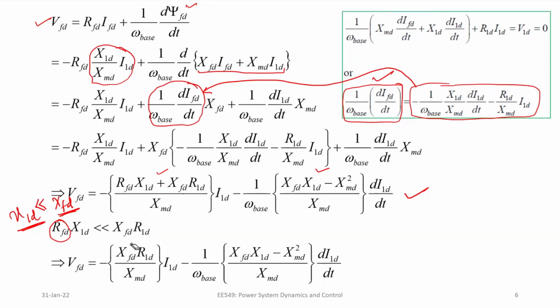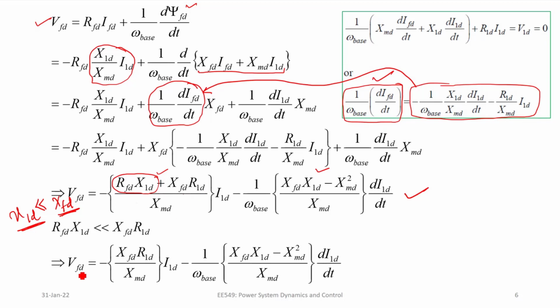So therefore, what we'll assume here is that this is less. So your RFD X1D plus XFD R1D can be written as XFD R1D. So this term I can neglect because this is very less as compared to this. So approximately the whole term will be equal to XFD into R1D.